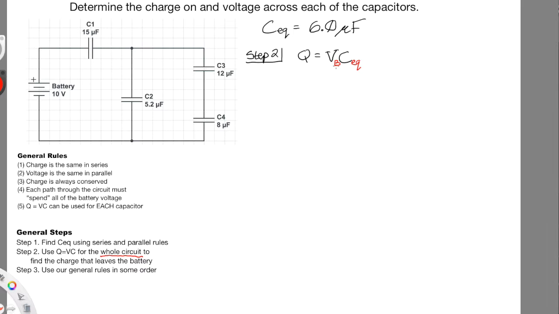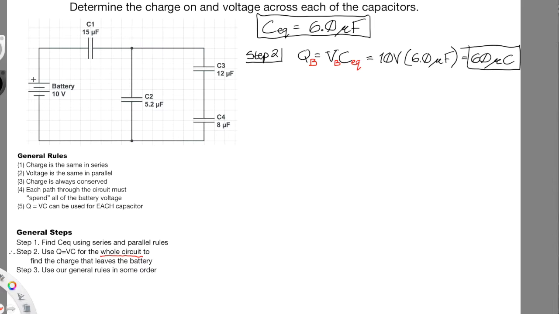And we want the charge for the whole circuit, the total charge, or the charge that leaves the battery. So we already know the voltage of the battery is 10 volts, and we already found the equivalent capacitance is 6 microfarads. So we get a charge that leaves the battery of 60 microcoulombs. So 6 microfarads was our first answer, and 60 microcoulombs is our answer to step 2 down here.